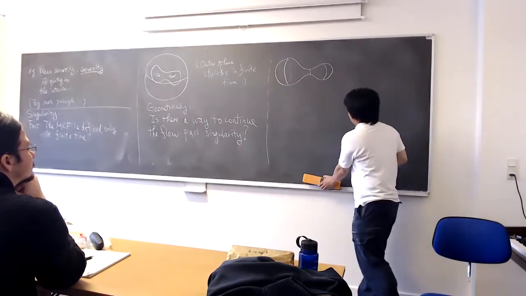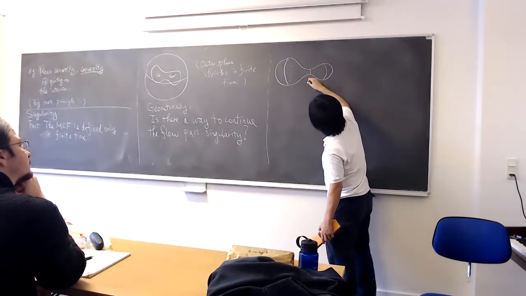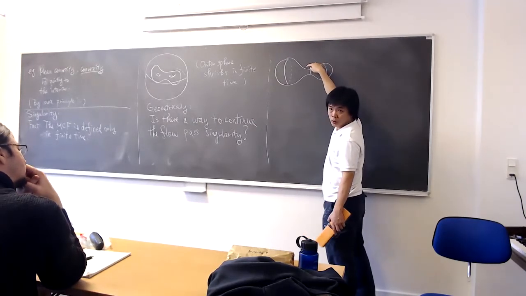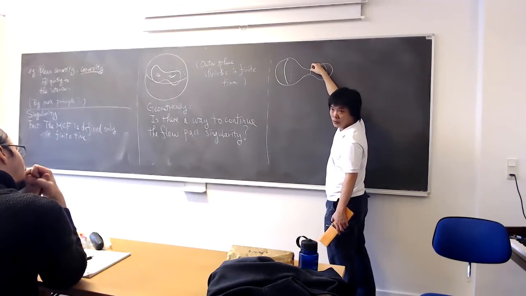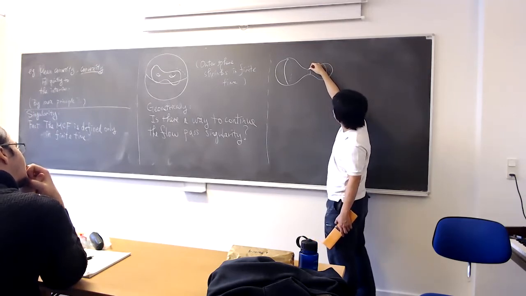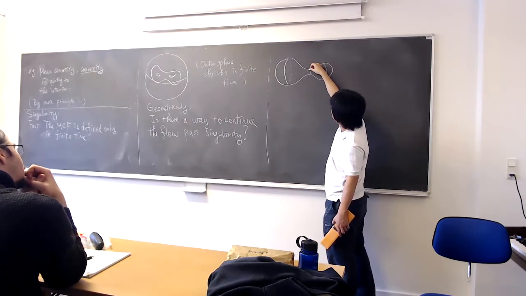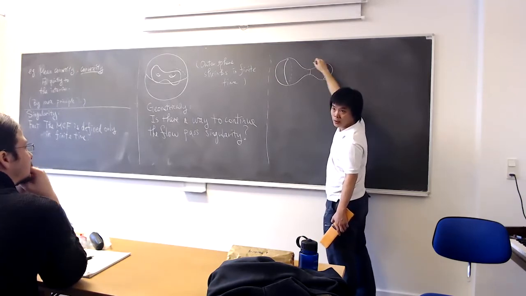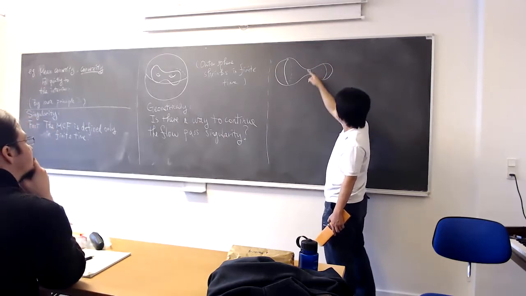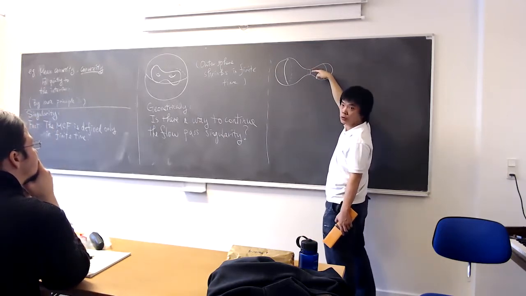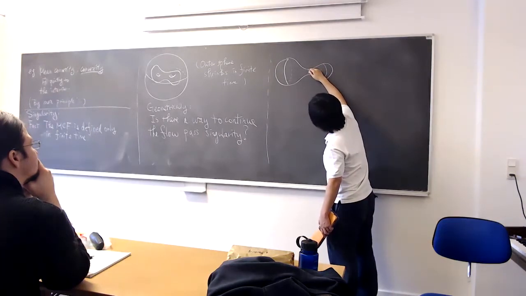So the mean curvature vector is the sum of all the second derivatives. You have this very small sphere here, which means the mean curvature vector is actually pointing towards the interior, at least around this region. And the magnitude will be very big if you choose this neck to be very, very small.